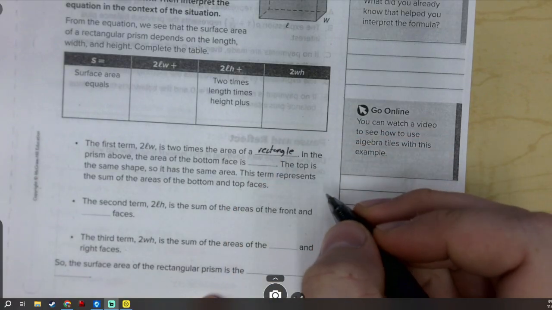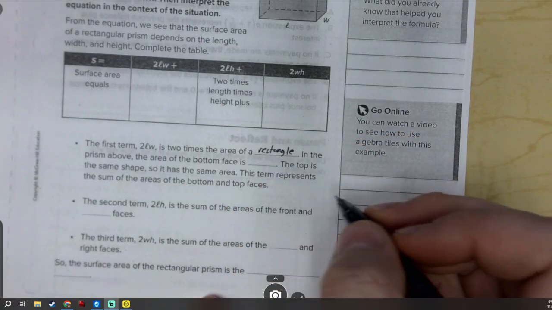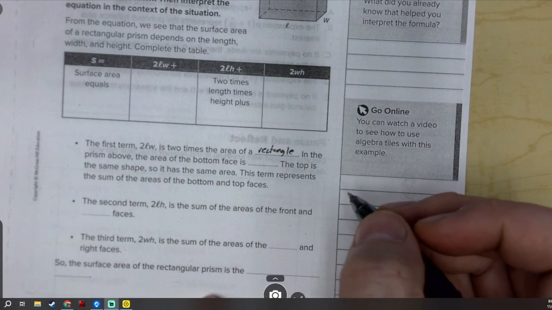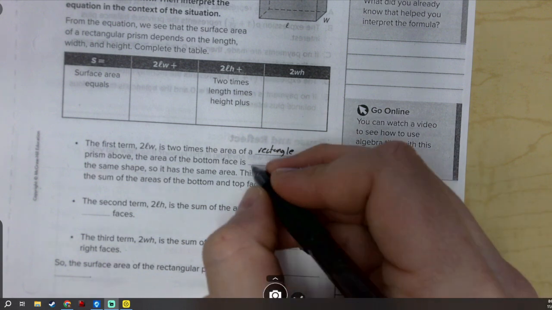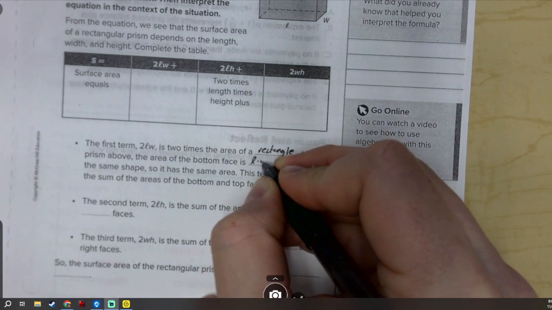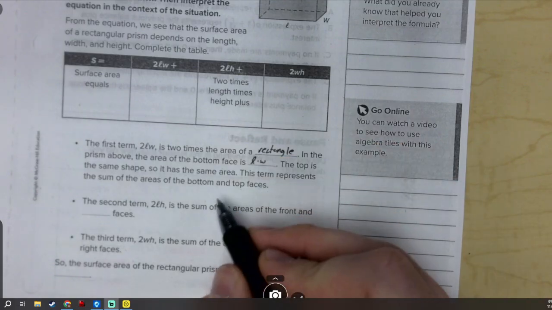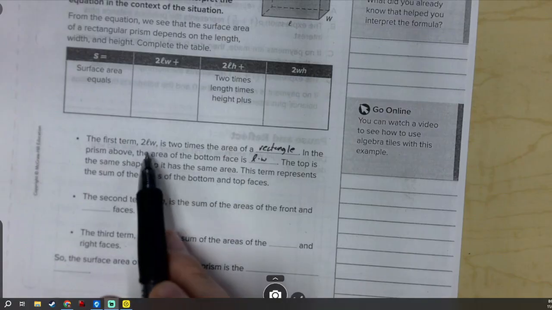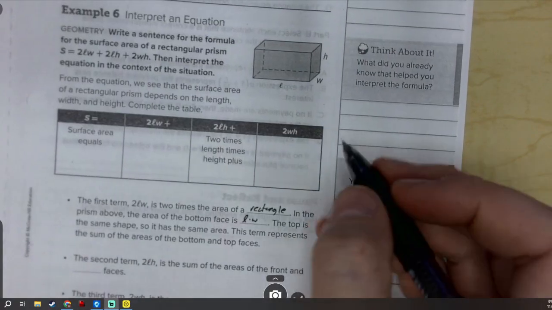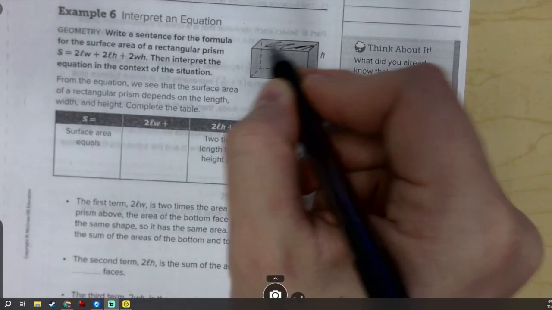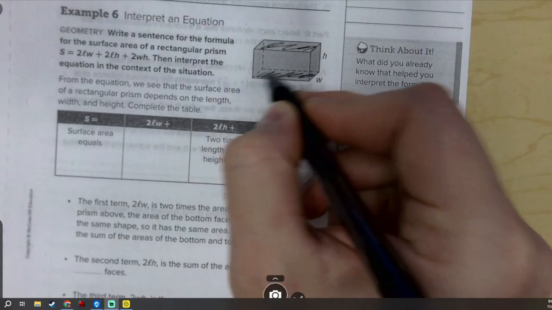In the prism above, the area of the bottom face is length and width. The top is the same shape, so it has the same area. So all this is saying is 2 times length times width is representing the area of the top and the bottom. That's what it's saying.